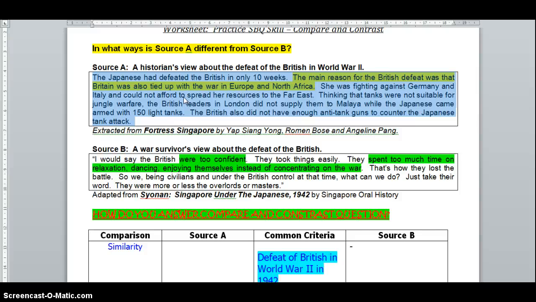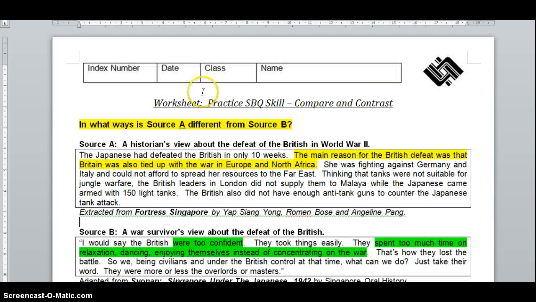She was fighting against Germany and Italy and could not afford to spread her resources to the Far East. Thinking that tanks were not suitable for jungle warfare, the British leaders in London did not supply them to Malaya, while the Japanese came armed with 150 light tanks. The British also did not have enough anti-tank guns to counter the Japanese tank attack.